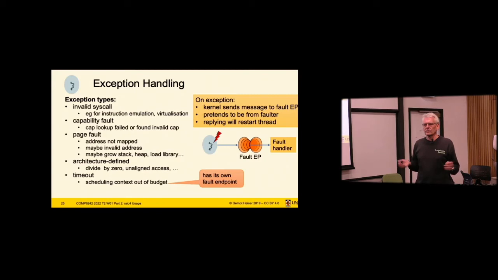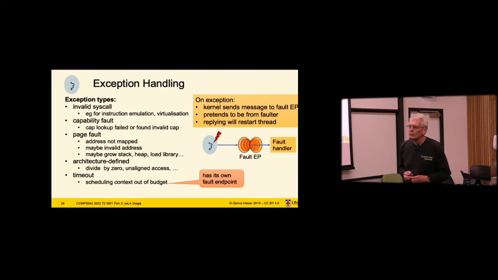Any questions? Yep. Does every thread have a capability to the fault endpoint then, when created? Yes, that's part of the boilerplate for setting up a thread, it has to have a fault endpoint. It doesn't have to have a timeout fault endpoint, but the normal fault endpoint it has to have. And that EP, is that kernel provided, or does the program provide that for itself?